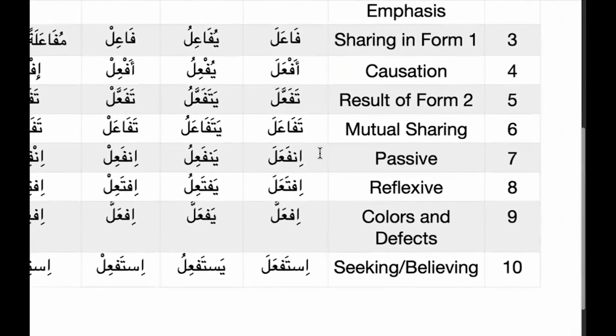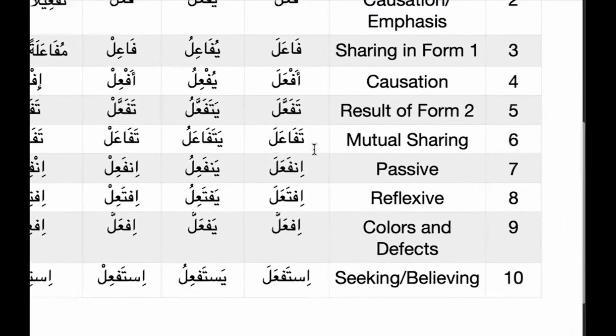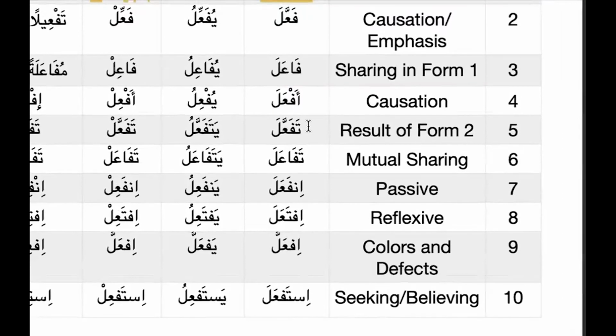In fact from form 5, we start adding more than one different letter. In form 5, we have a ta and a shadda. Form 6, we have a ta and an alif. In form 7, we have an alif and a noon, in fa'ala, like in kasara. Then in form 8, a ta, like ijtama'a, ikhtalafa.